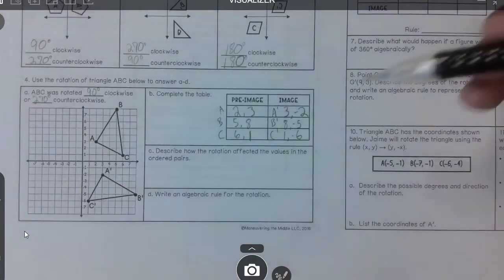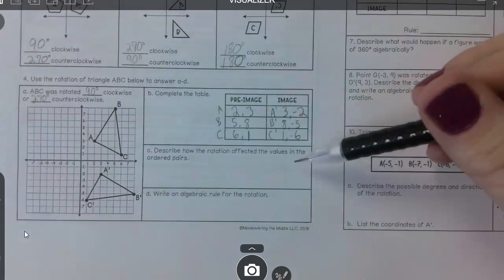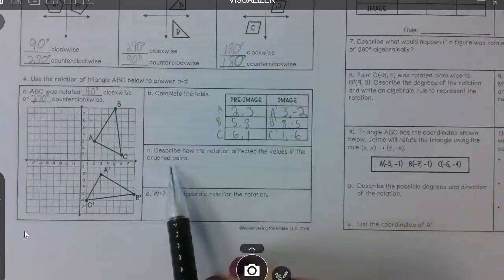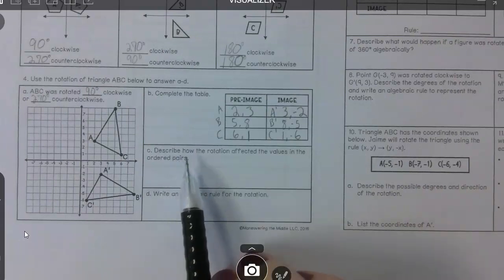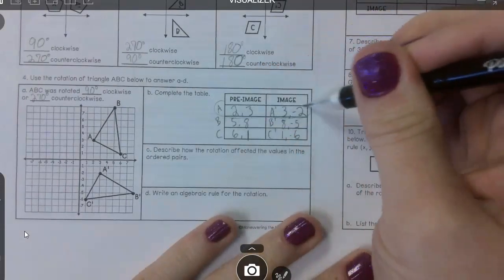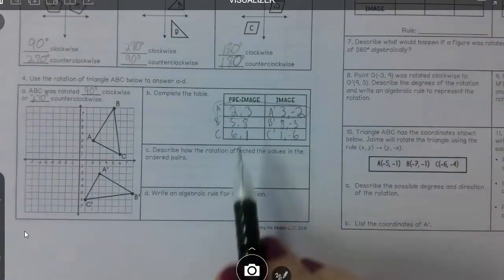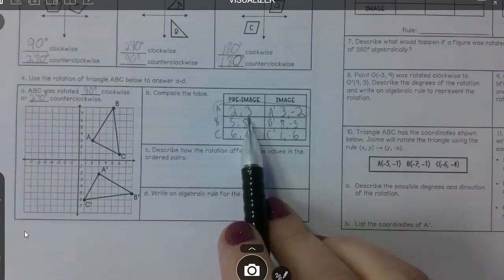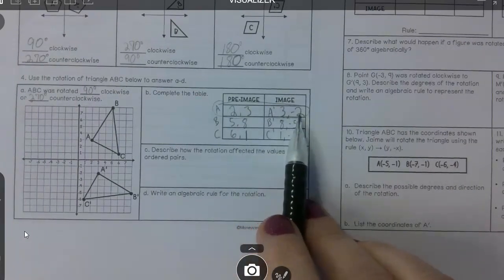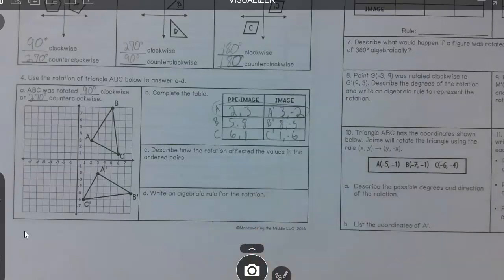Now, let's look at the pattern, because we're supposed to describe what happened to the values. Okay, so describe means words. So let's just take our first example right here, A and A prime. What happened? We had (2, 3), and it changed to (3, -2). Huh.